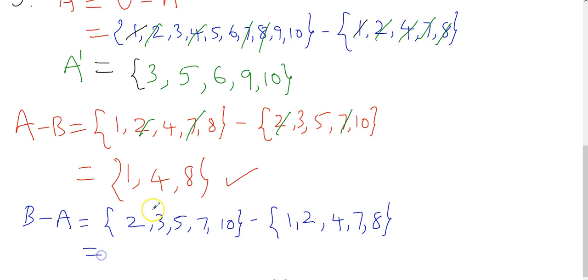That gives you, in the same way, cancel off the common elements, 2 and 2, 7 and 7 cancelled out. What is remaining? You got 3, 5 and 10. This is B minus A. So we can clearly see that A minus B is different from B minus A.